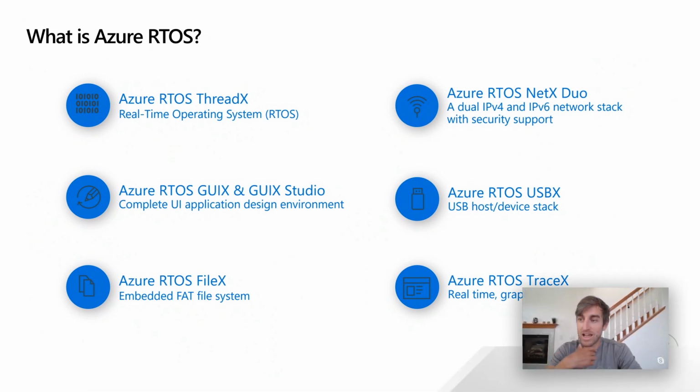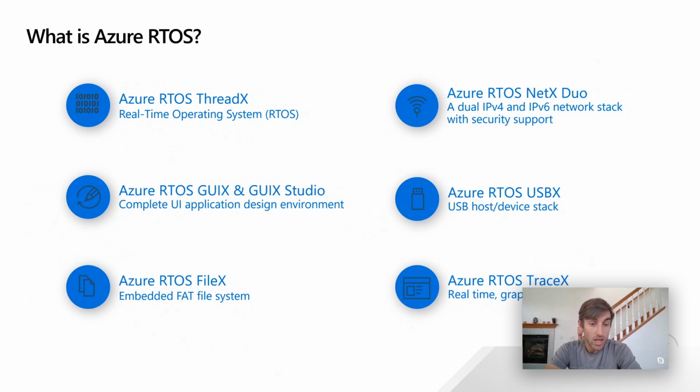And then next we have GUIX and GUIX Studio. That's basically a complete user application design environment, and then a lightweight graphic stack that runs on the target. Next, we've got USBX, which is a USB host and device stack.